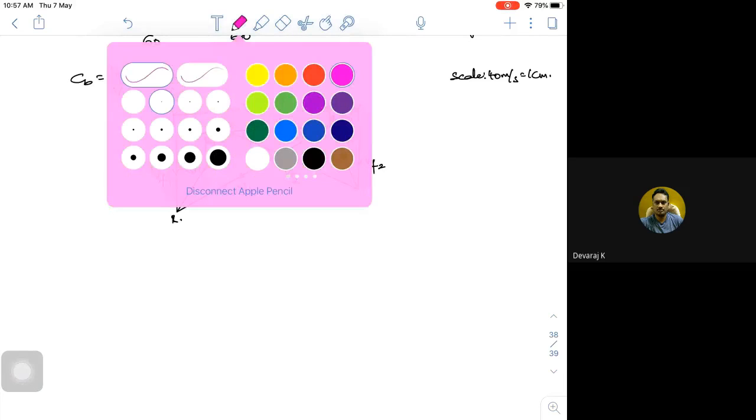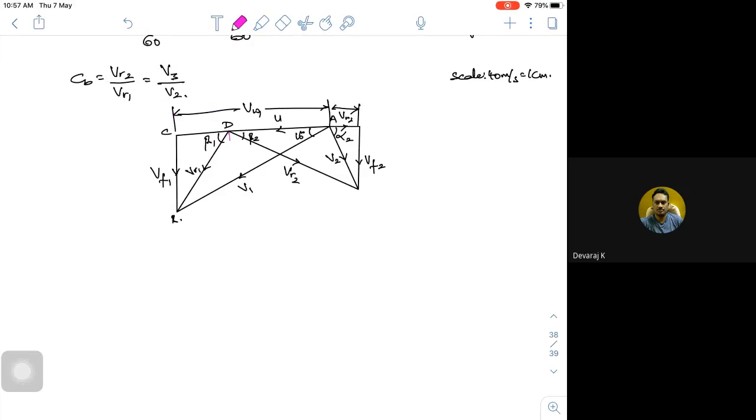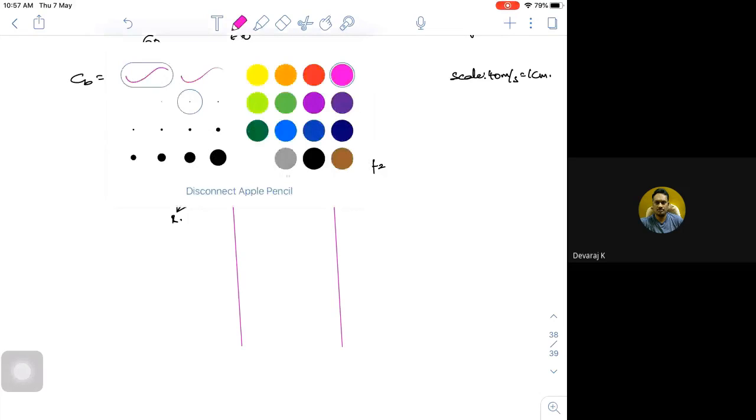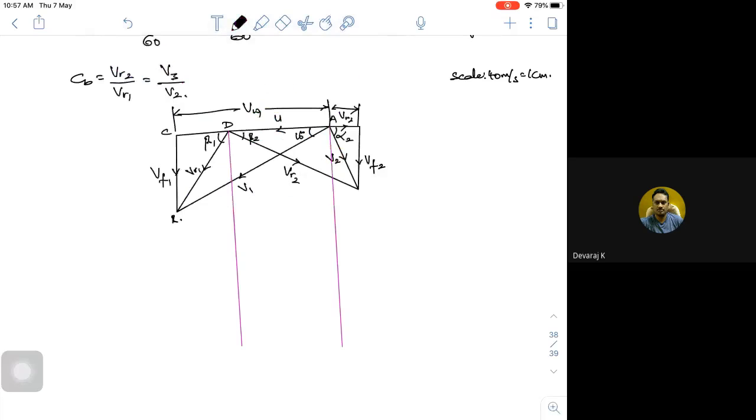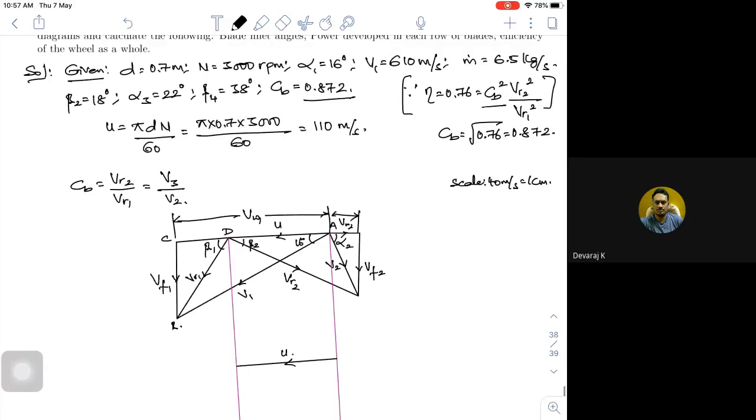Once it is done, draw a vertical line like this. Then you once again draw the u for the second stage. This is my u. Calculate V3, which is equal to 0.872 of V2. Then what are the corresponding angles? Alpha 3 is given as 22 degrees.